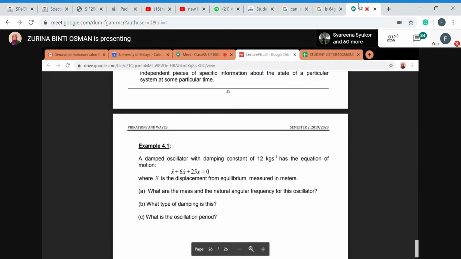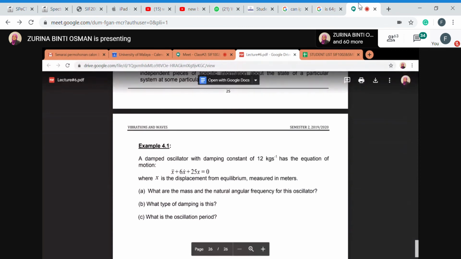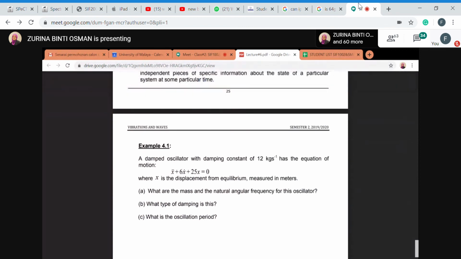Next, what is the oscillation period? You know that the period T is equal to 2 pi over omega. Please remember that what you found is the natural angular frequency, omega naught, but they need the oscillation period of this system, so you need to find first what omega is.